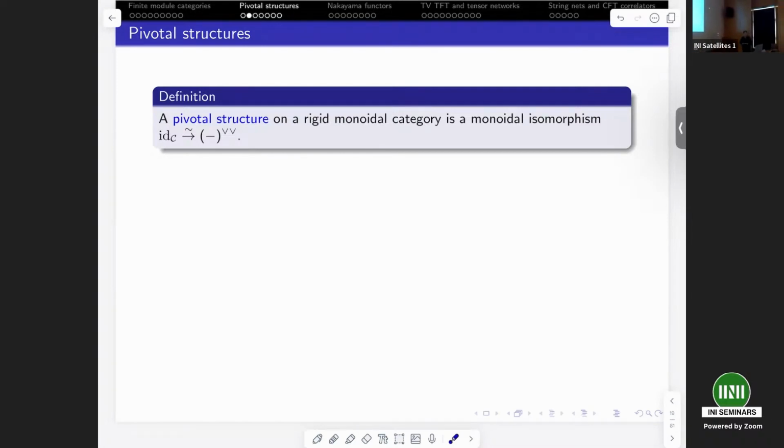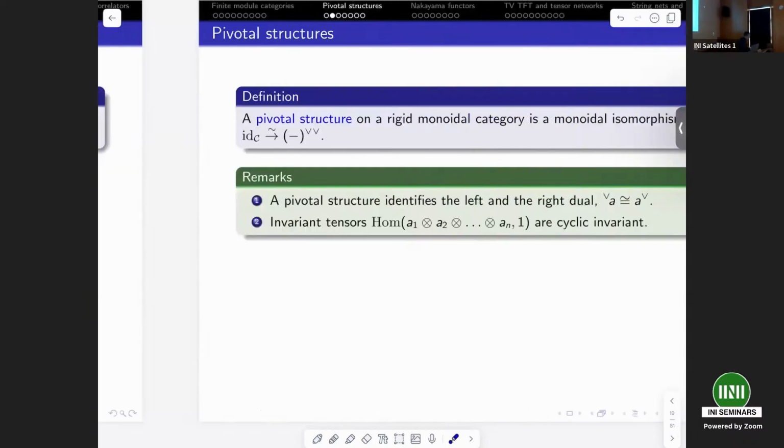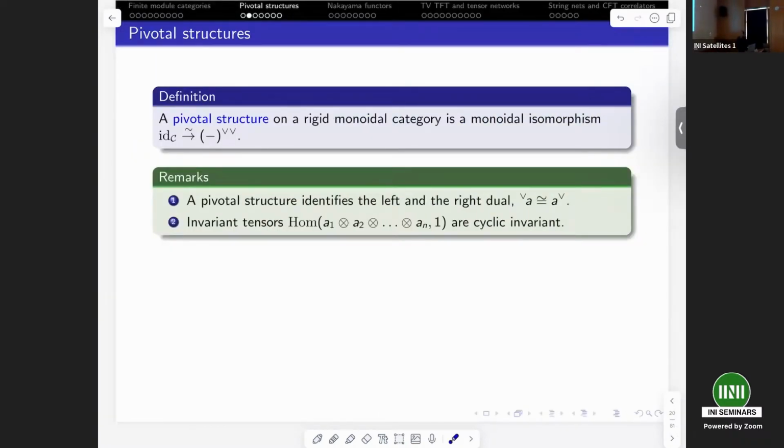Infinite dimensional vector spaces don't have this. So now here you see that it is a monoidal isomorphism from the identity to the double dual. So what is important about it? You can verify that it's not only identifying an object with its double dual, but it's also identifying left dual and right dual. Actually, there are strictification results for this.